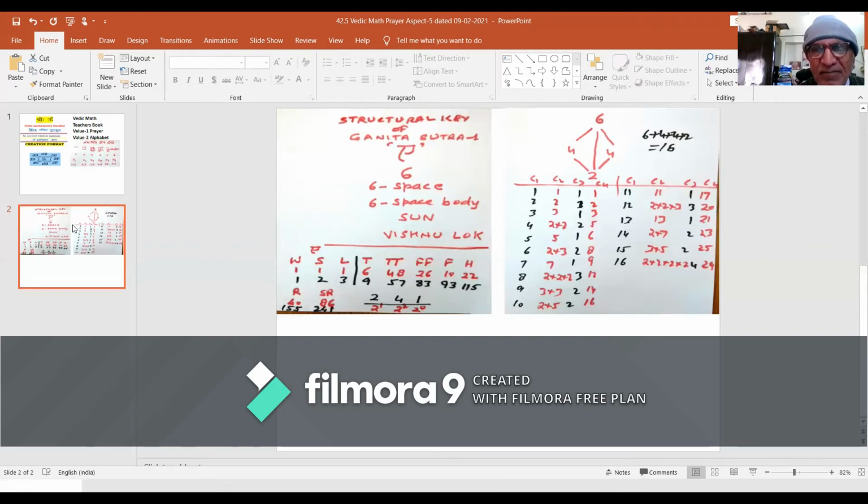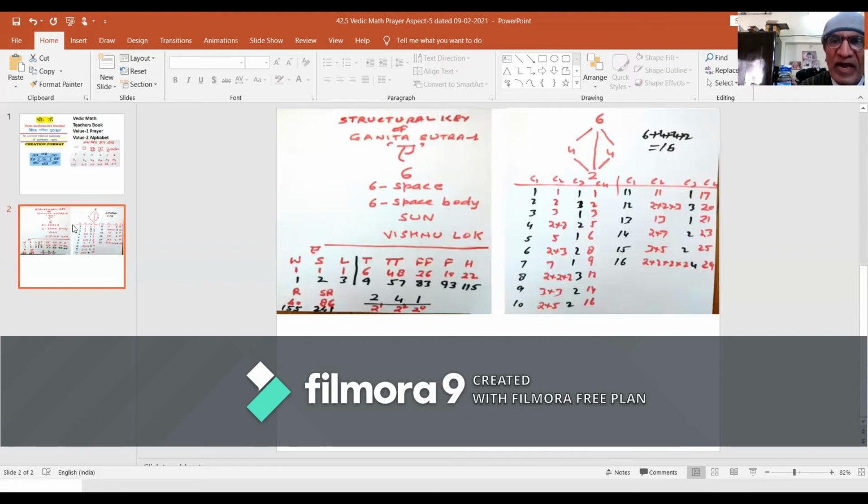6 space body takes us to sun as well as to Purusha, human body as well as the sun, Surya, or 6 content bodies.